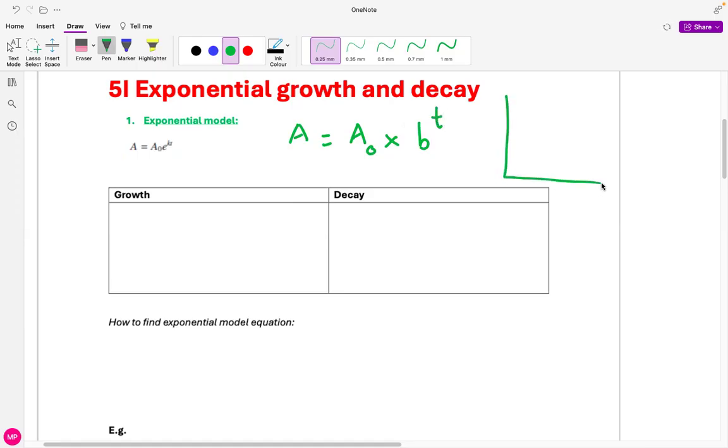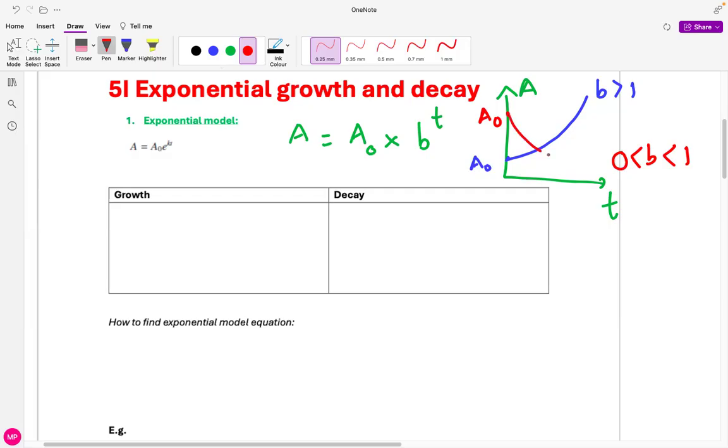It's a similar form, where y is A, A0 is the initial, and b is the base. Think of t as the x-axis and A as the y-axis, with A0 the initial here. If b is bigger than 1, then you have growth. Otherwise, if b is less than 1, and b is always bigger than 0, that's the base, then your shape will be like that. That will be decay. So we can use either this form or this form.